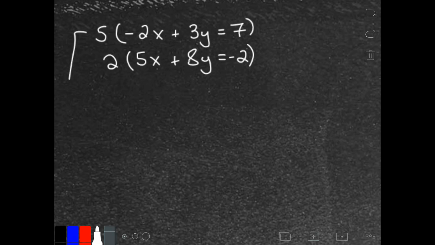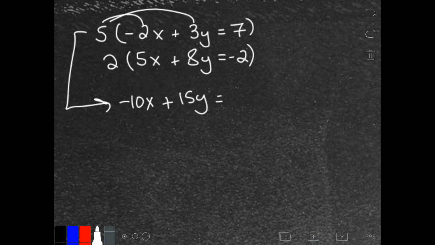So my first equation, 5 times negative 2x is negative 10x plus 15y, equal to 35.